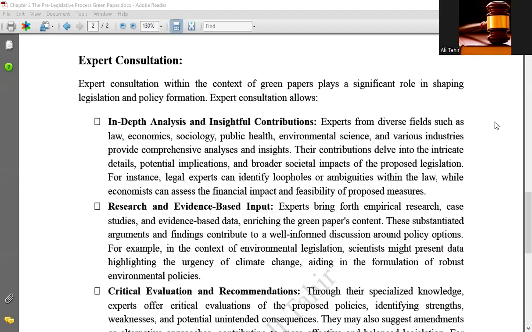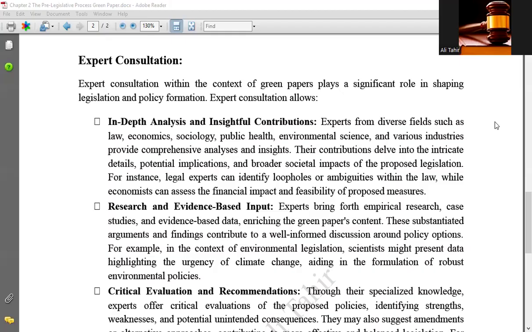Research and evidence-based input. Experts bring forth empirical research, case studies, and evidence-based data. So basically, the parliament won't be just shooting off into the air. They would actually be working along research-enhanced lines. Value would have been added to that legislative process by making sure that they had the right data to make the decision.